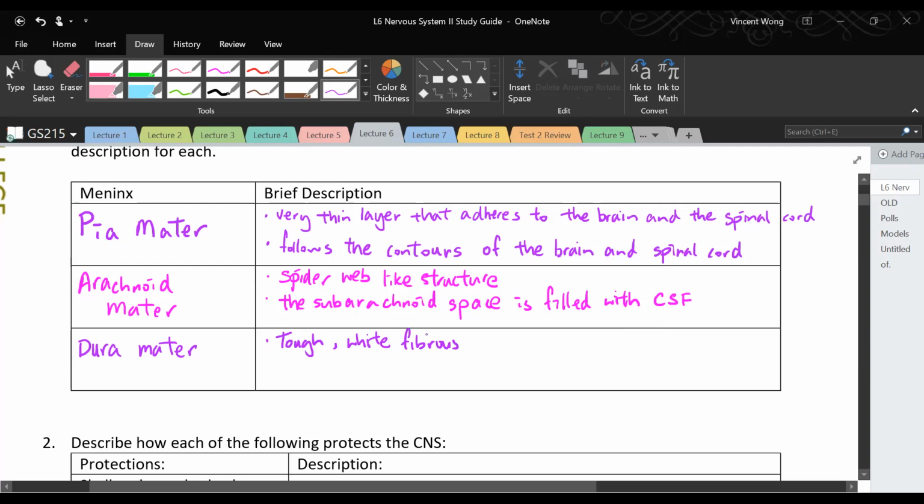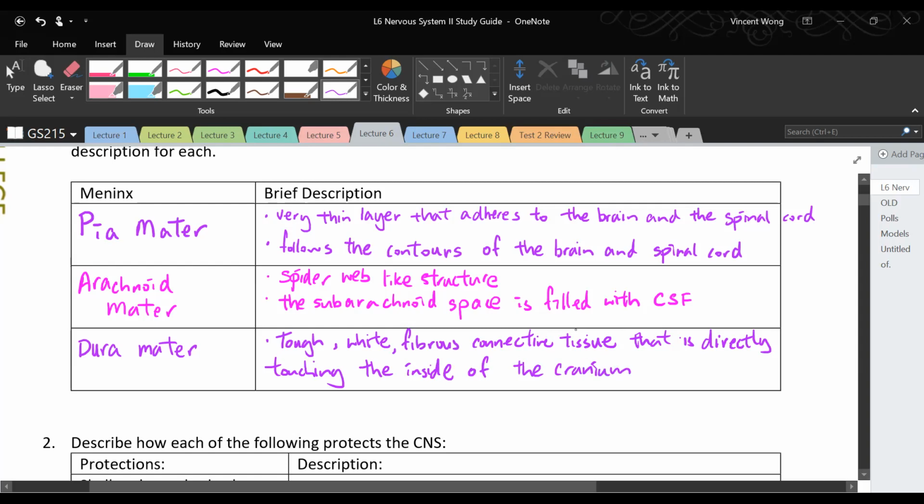Fibrous means it's very tough, basically. It's made up of fibrous connective tissue that is directly in contact with the inside of the cranium.